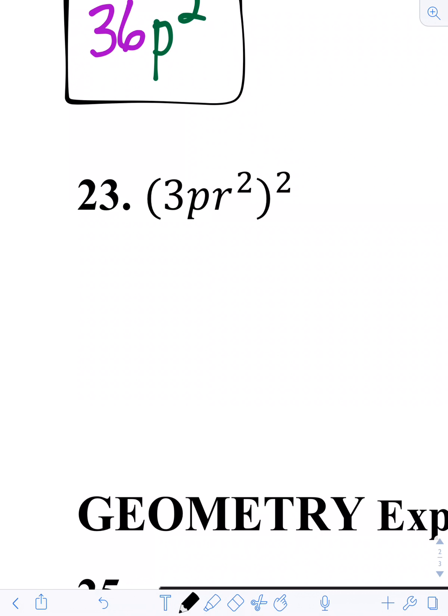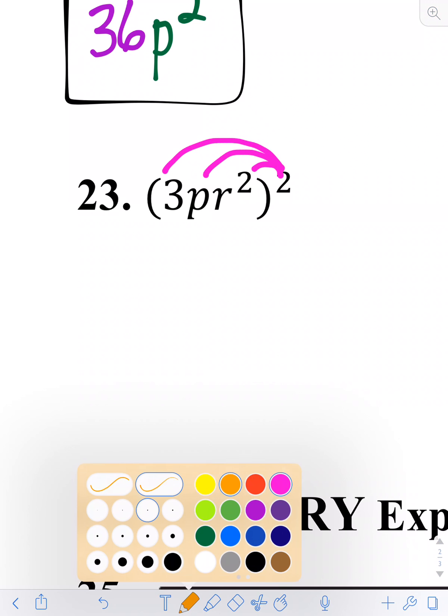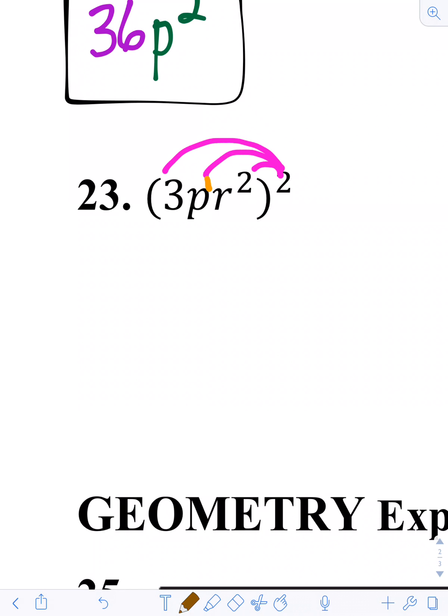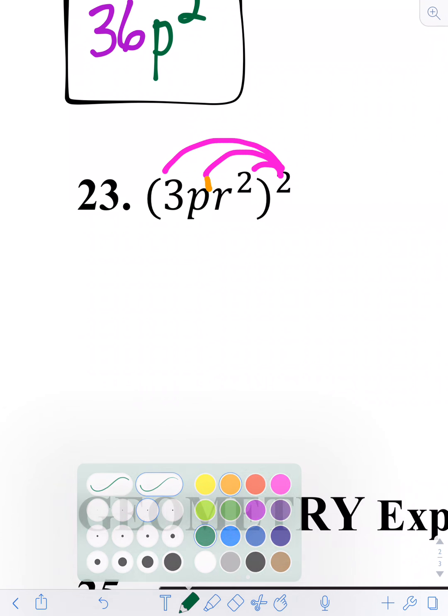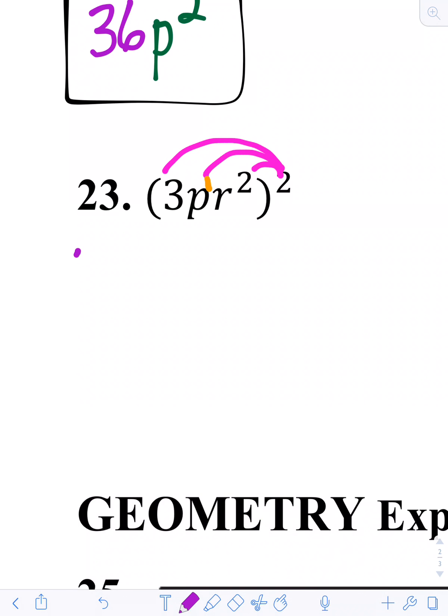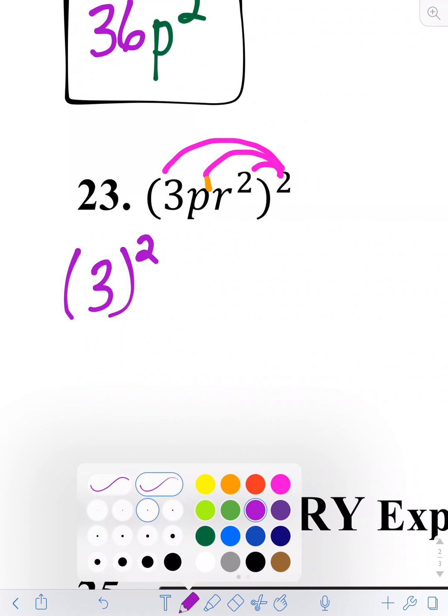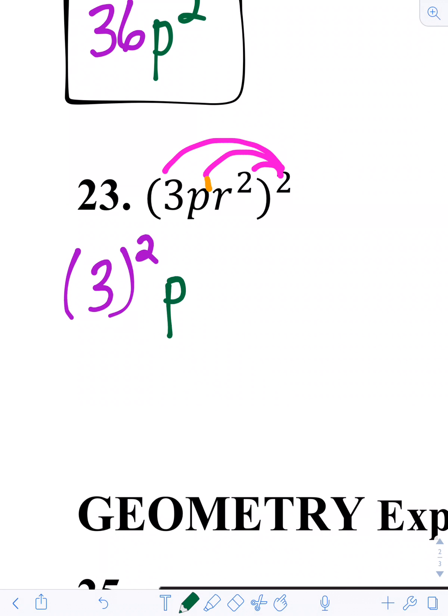Alright, so here we go. Next one. We have a 2. We have to distribute to the 3, to the p, and to the r. Don't forget p has an exponent of 1. So we're going to go ahead and do this. First up, I have 3 squared. And then we have p, 1 times 2.